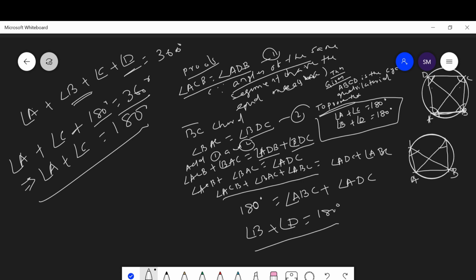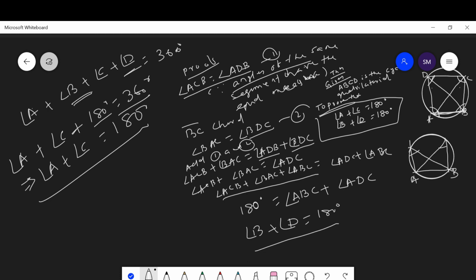As the theorem says, if ABCD is a cyclic quadrilateral, then the sum of opposite angles of the quadrilateral are supplementary to each other, meaning their sum is 180 degrees. Here we construct, join AC and BD, the diagonals. Then consider the chord AB.